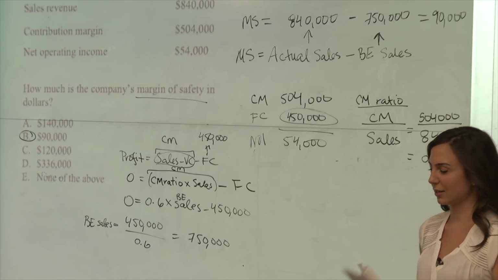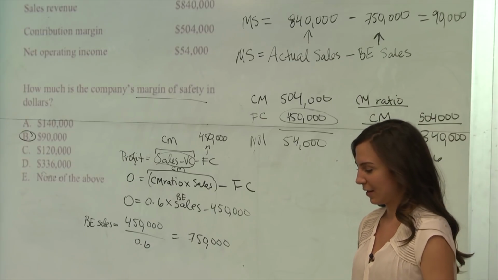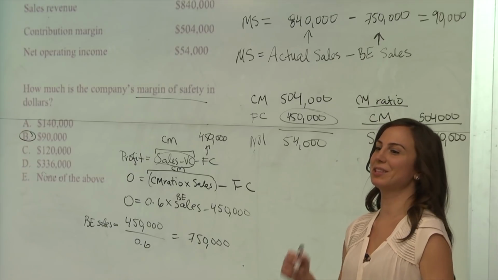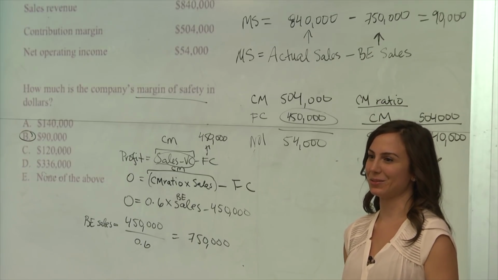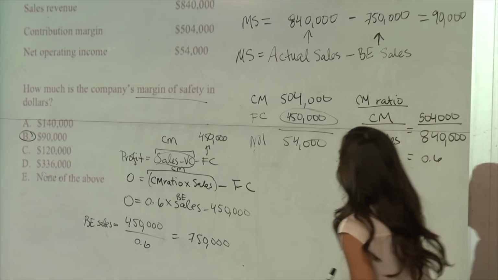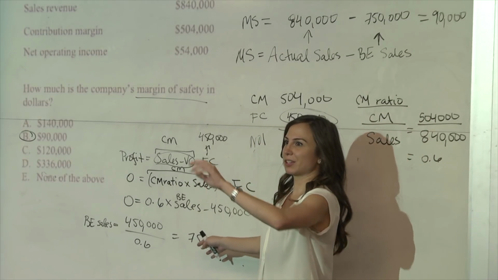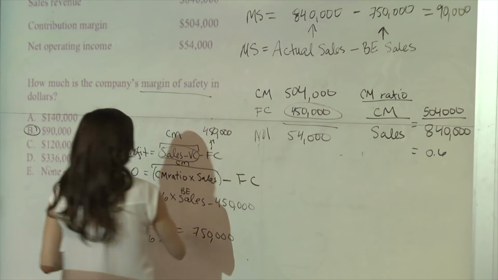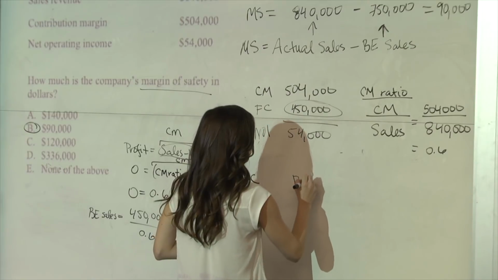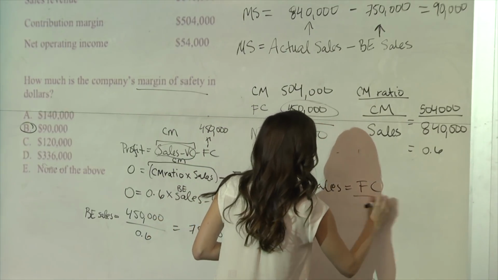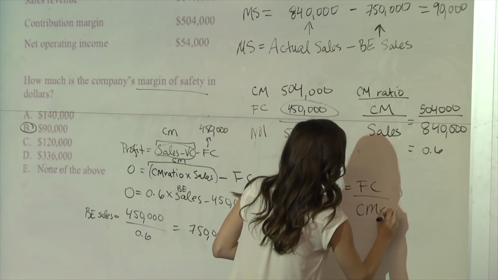But what I want to say for sure is that if you go through all of the review problems, then you'll know all of the equations that you need to cover, and they're all important. So to go back to your question, you can memorize, let's say, break-even sales equals fixed cost over contribution margin ratio.